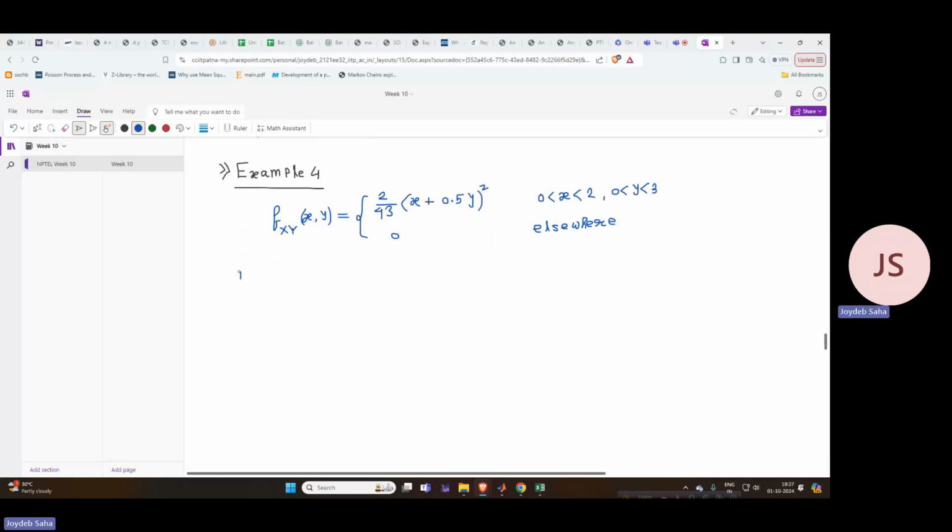The first part of this question is: find first and second order moments.